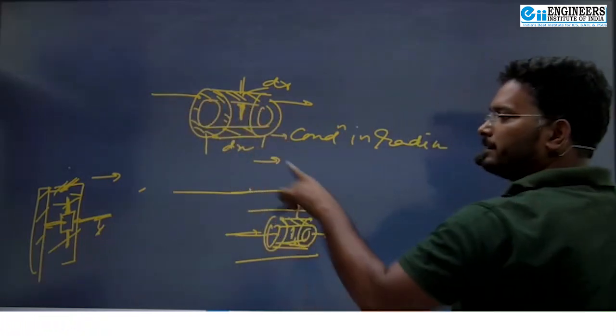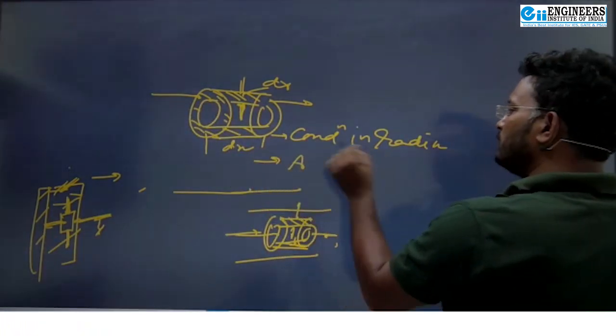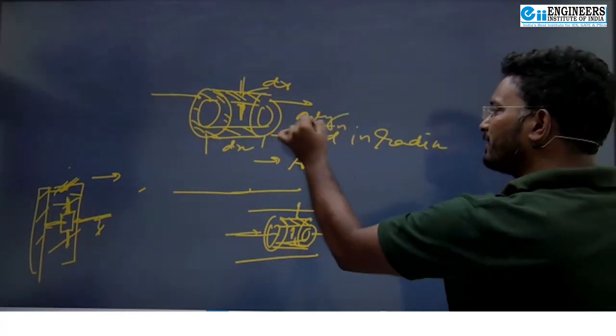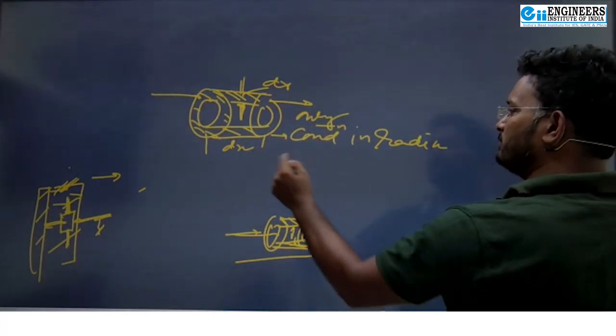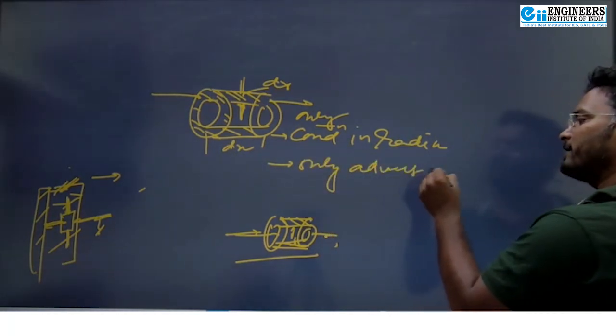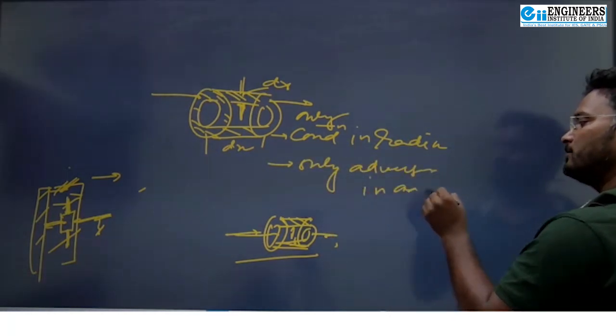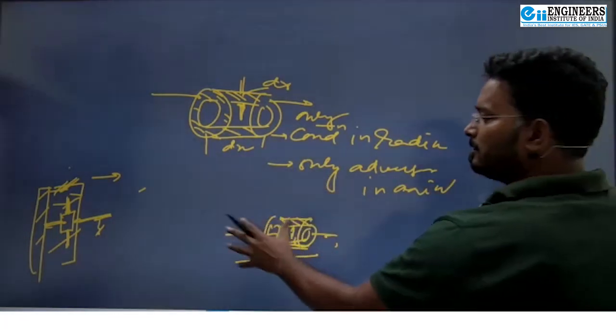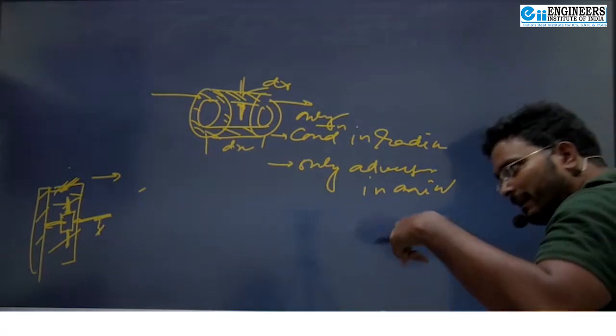Advection in axial. Only conduction in the radial and only advection in axial. Okay, and no heat transfer in the direction of theta.